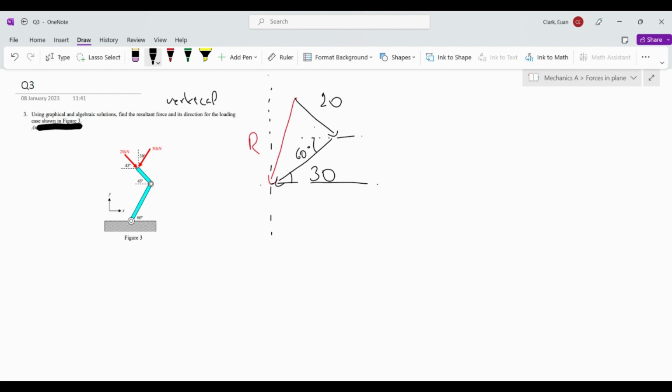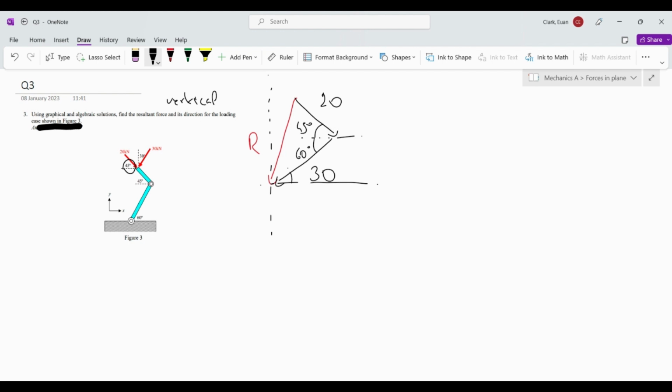Up here, the 20 kilonewton force is 45 degrees from the horizontal, so 45 degrees here as well, and the angle here is 105 degrees.